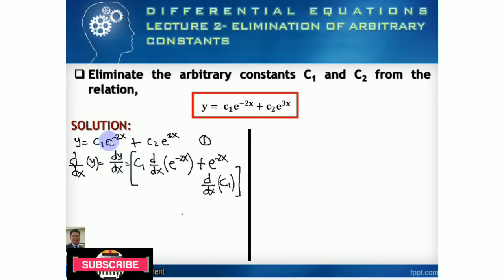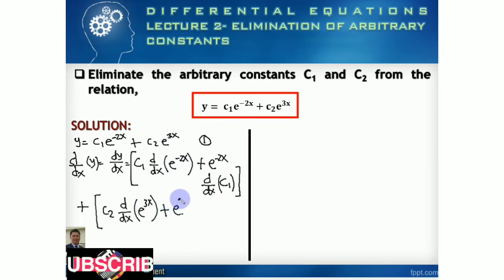In terms of this first term, this would be C1 times the derivative of e to the negative 2x plus e to the negative 2x times the derivative of C1. Plus, we have this term, so again we put a bracket here: C2 times the derivative d over dx of e to the power of 3x plus e to the power of 3x times the derivative d over dx of C2.